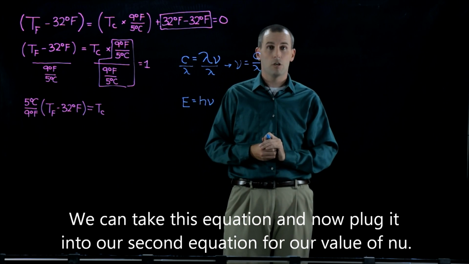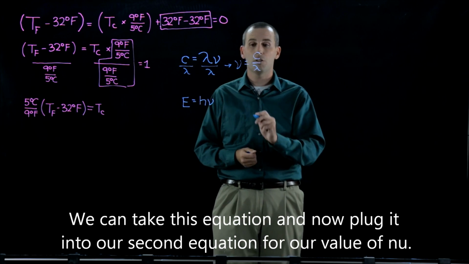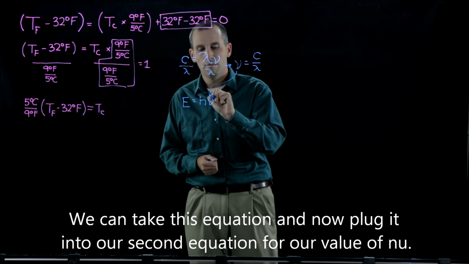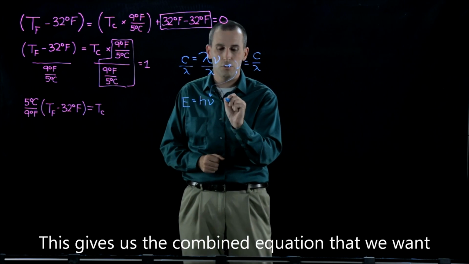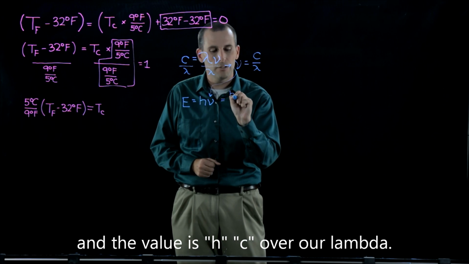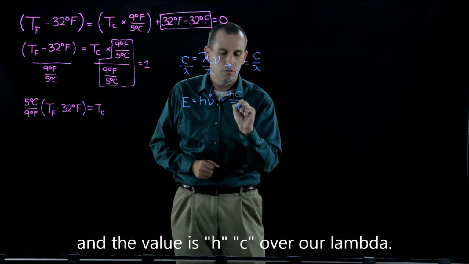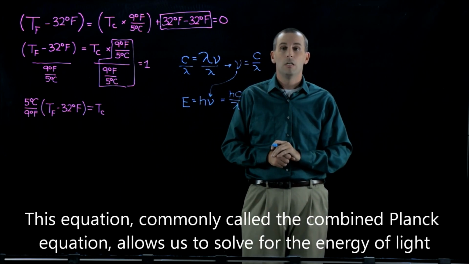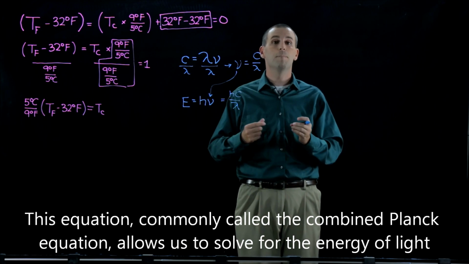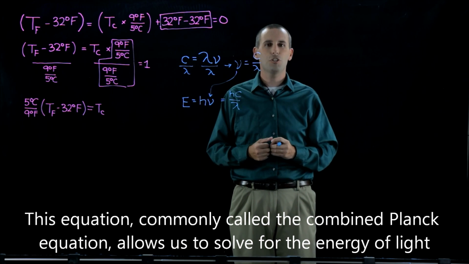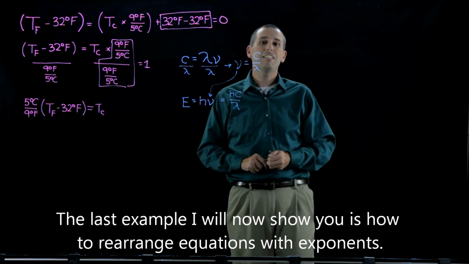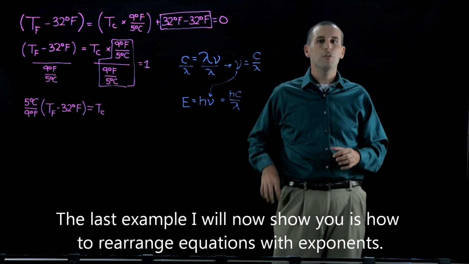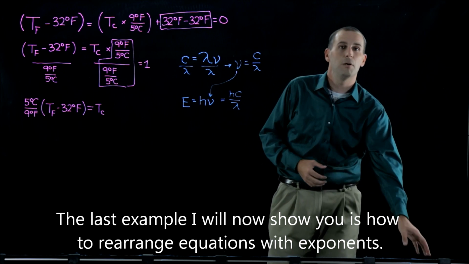We can take this equation and now plug it into our second equation for our value of nu. This gives us the combined equation that we want, and the value is h c over our lambda. This equation, commonly called the combined Planck equation, allows us to solve for the energy of light directly from the wavelength. The last example I will now show you is how to rearrange equations with exponents.